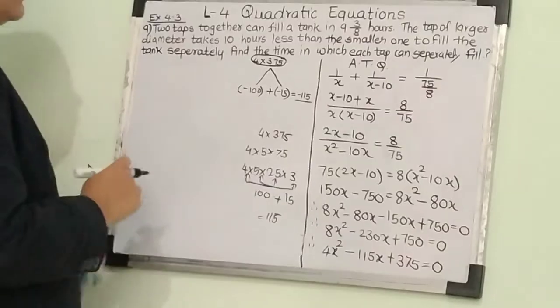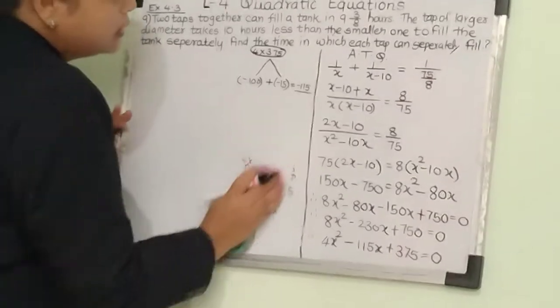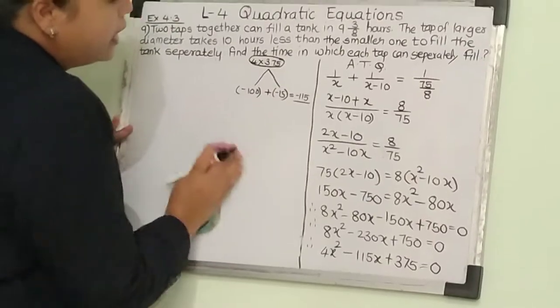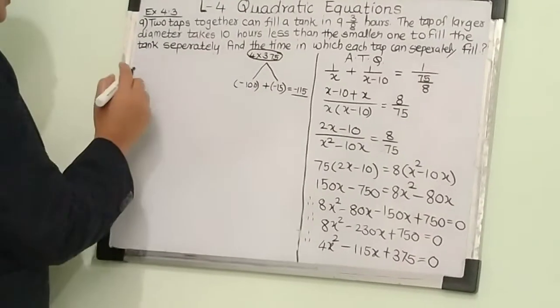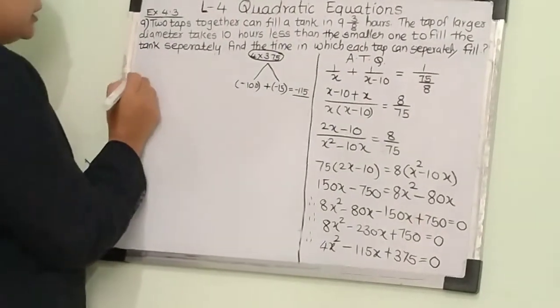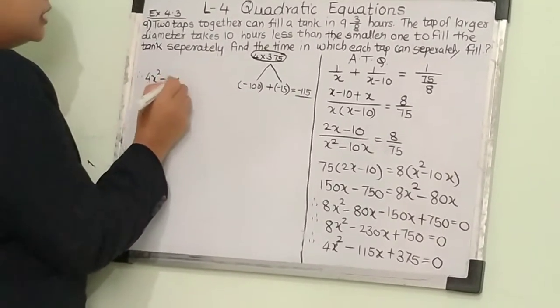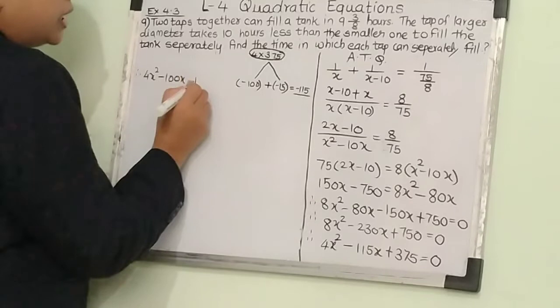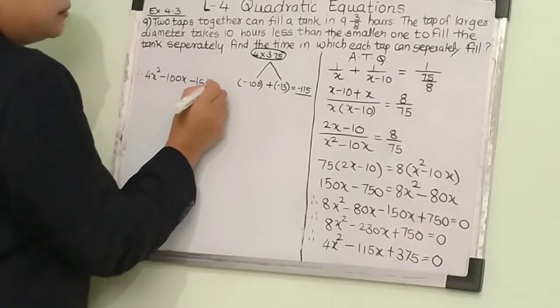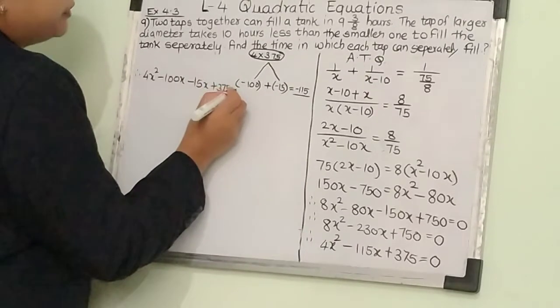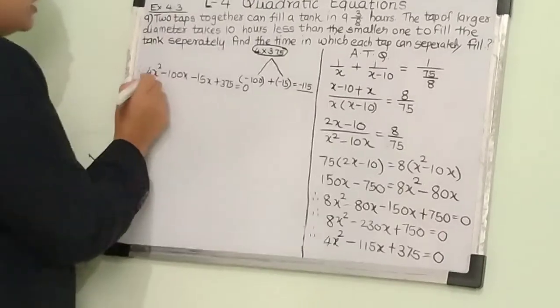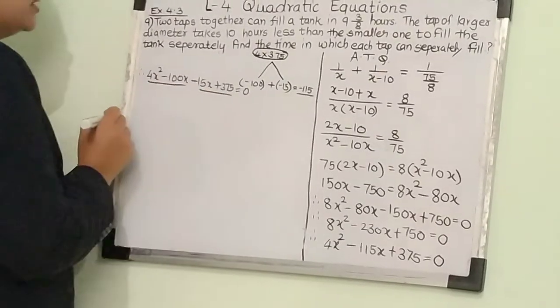So we get the two numbers, minus 100 and minus 15. Now we can split the middle term: 4x square minus 100x minus 15x plus 375 equals 0. Now make groups of two terms.